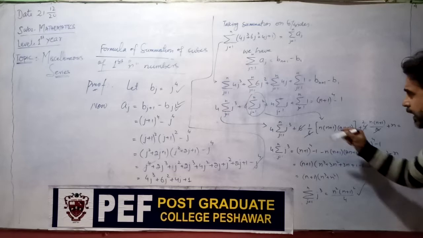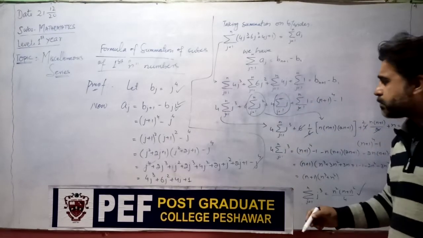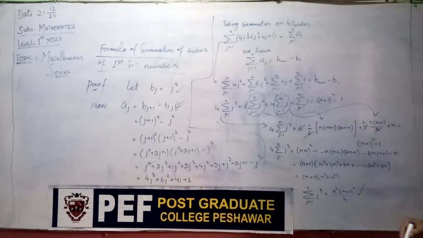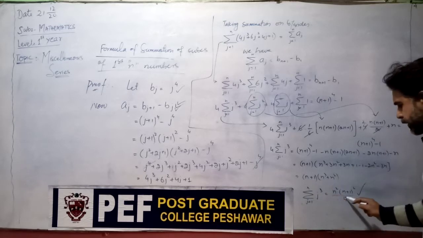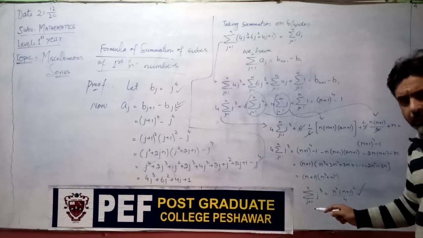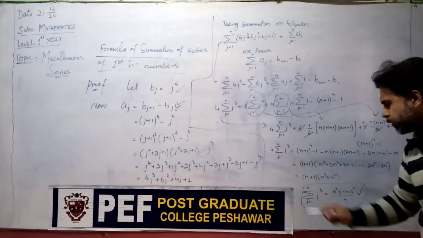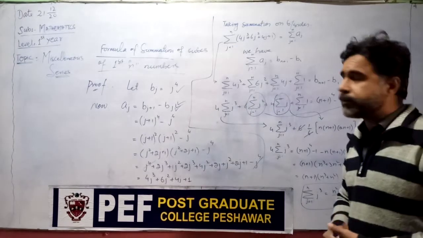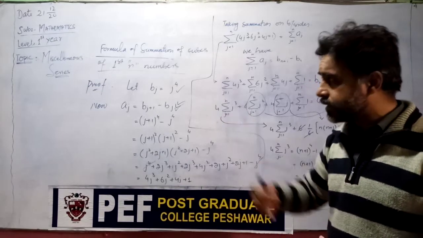The other one is for the summation of the first n natural numbers, and the formula is this one. And lastly, I have calculated the summation formula for the cube of the first n natural numbers, which is this one. These three formulas are very important for dealing with the summation of miscellaneous series.